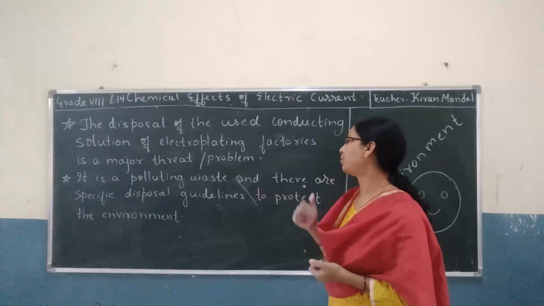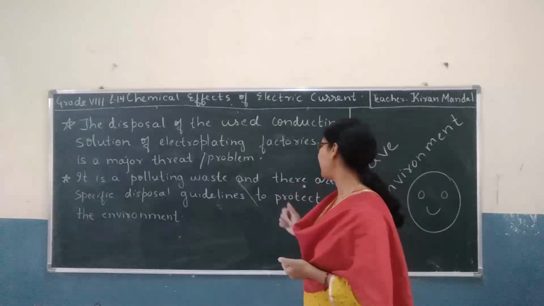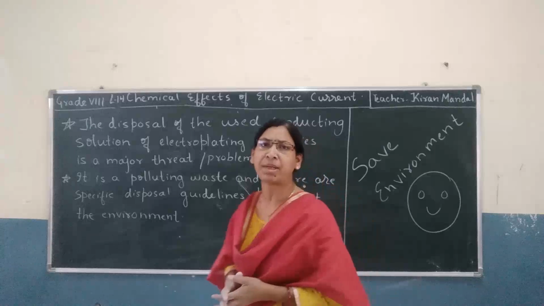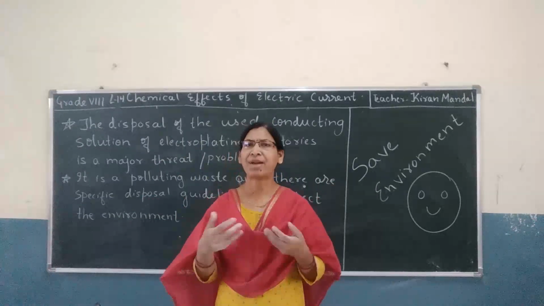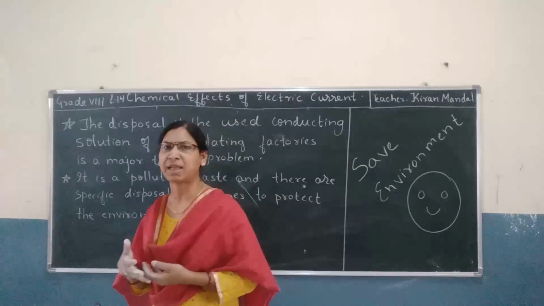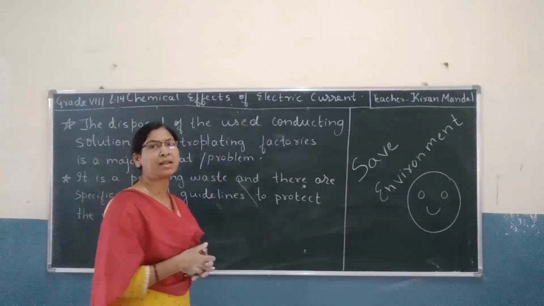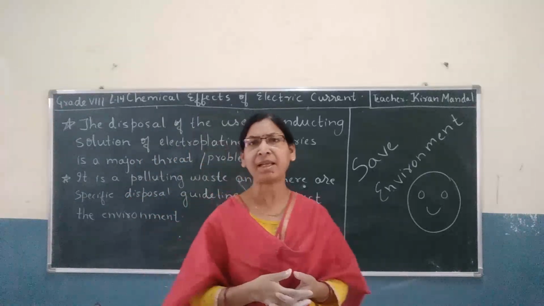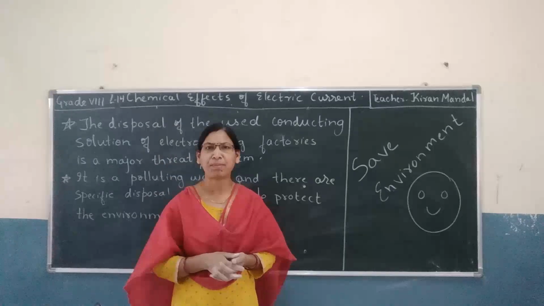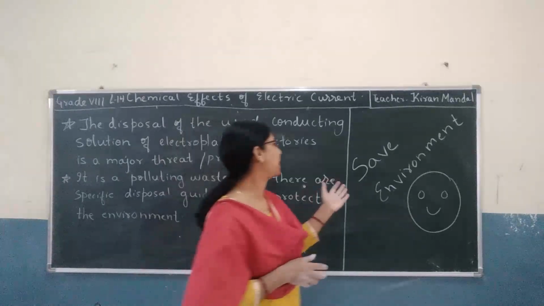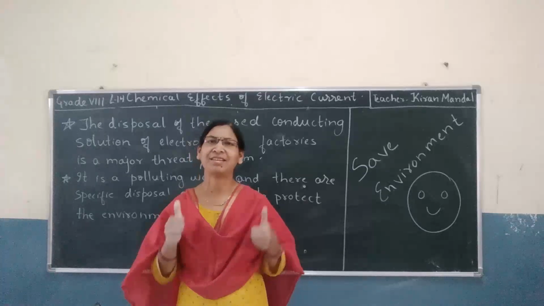It is a polluting waste and there are specific disposal guidelines to protect the environment which each and every one of us should follow, and the factories which are doing these activities of electroplating should follow the rules and regulations set up by the government. So at last I would like to conclude my topic by saying: save environment, protect nature. Thank you.